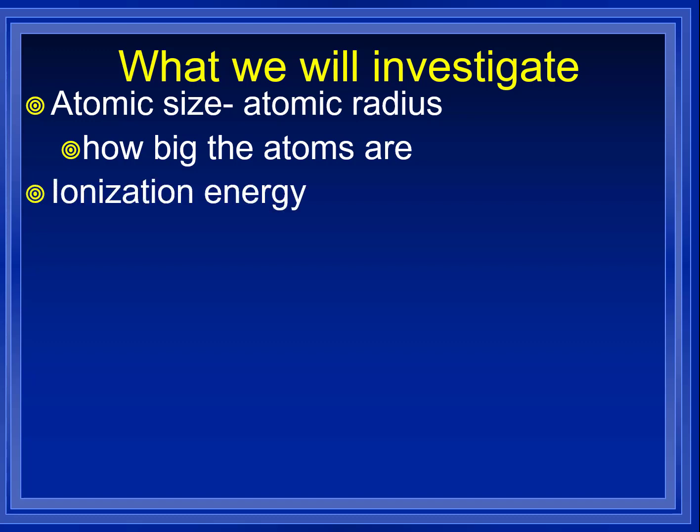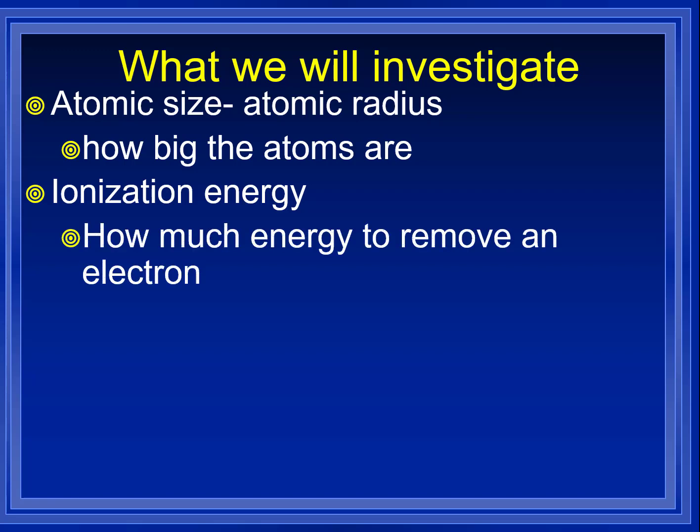The second trend we're going to look at is called ionization energy. Okay, and ionization energy is a lot like the photoelectric effect. Ionization energy is the energy to remove an electron. The reason why it's not the photoelectric effect is because it's from a gas.